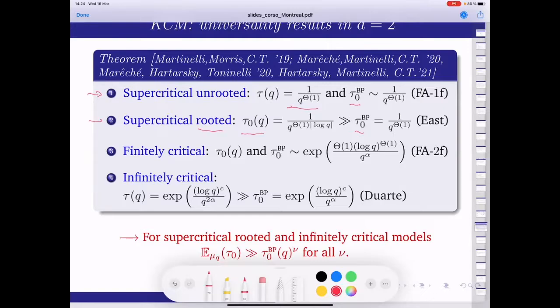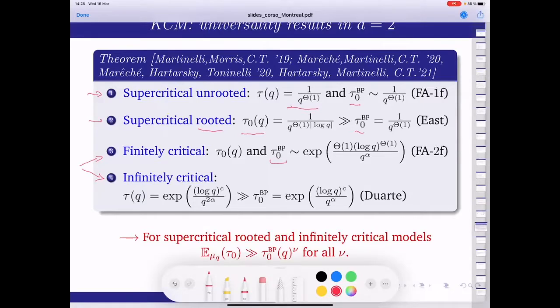We saw it specifically in one dimension. And for the critical models, again, in order to capture the behavior, one has to distinguish between the two cases: finitely critical, with a finite number of stable directions, and infinitely critical, with an infinite number of stable directions. For the finitely critical models, the time scale for the stochastic dynamics, the mean over the stationary process of the infection time, scales as the one for bootstrap percolation.